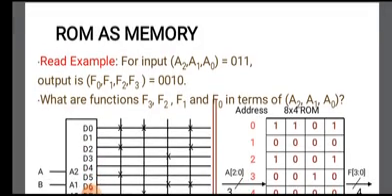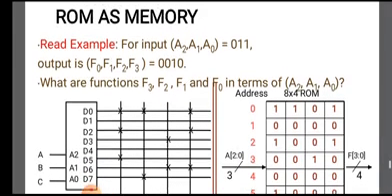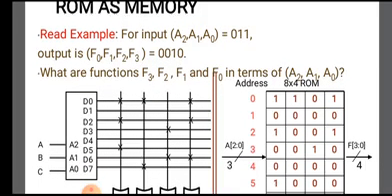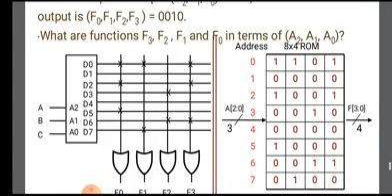So how can we use memory as a ROM, or the ROM as a memory? Read the example. For input A2, A1, A0 with a combination of 0, 1, 1, the output F0, F1, F2 and F3 is 0, 0, 1, 0. So what are the functions F3, F2, F1 and F0 in terms of A2, A1 and A0?